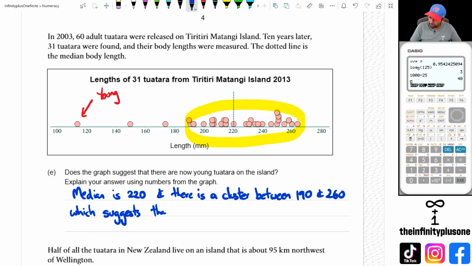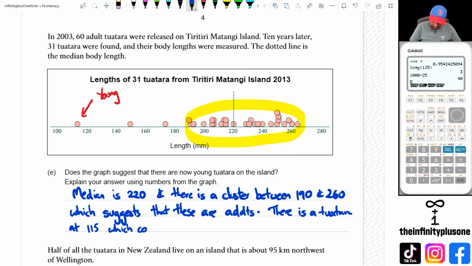these are adults. And we can also say there is a tuatara at 115, which could be a young tuatara, but it could also be just a normal tuatara, which probably has its tail cut off or something like that.